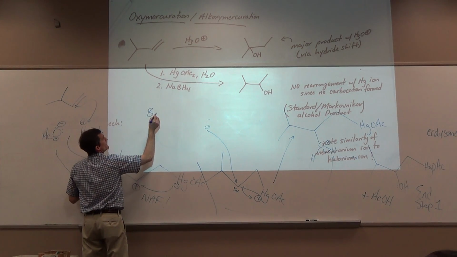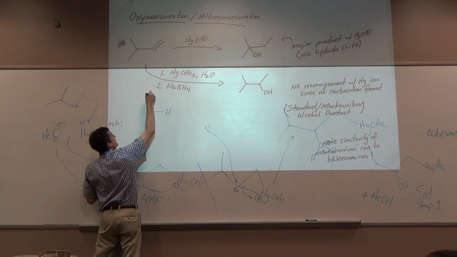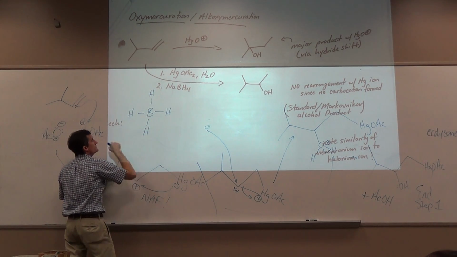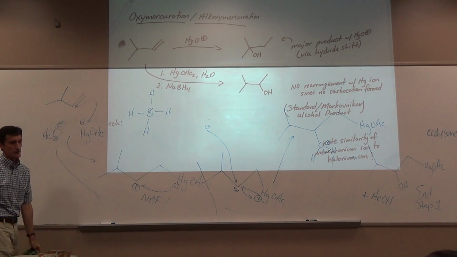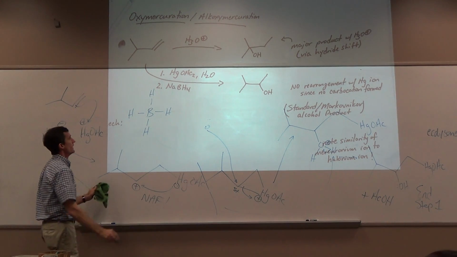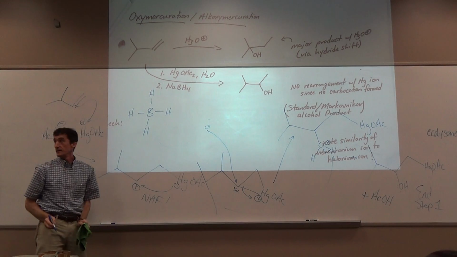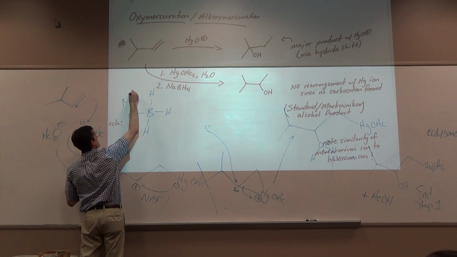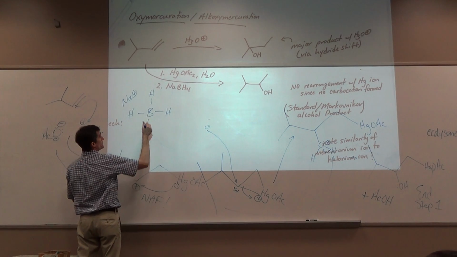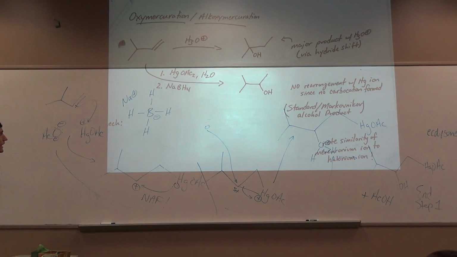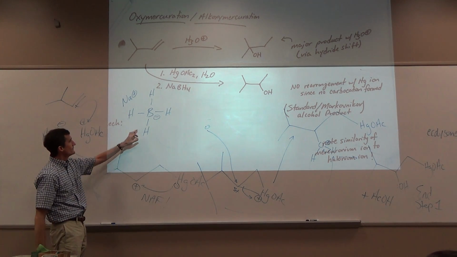This is a boron with 4 H's. What's the charge of the boron? Minus. How do you know it's minus? Well, that's good because sodium is plus. This whole thing has to be minus. Why is the boron minus? Based on total charge.